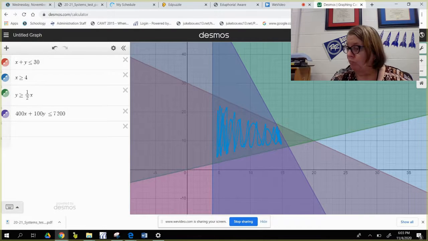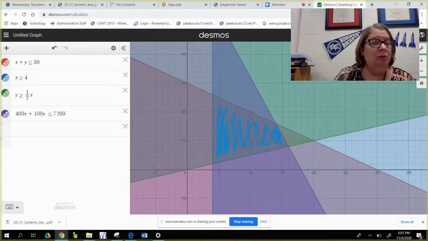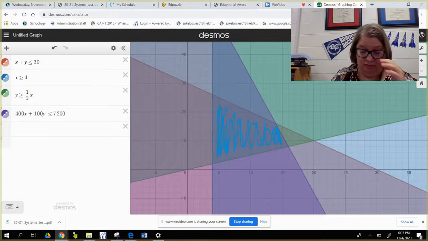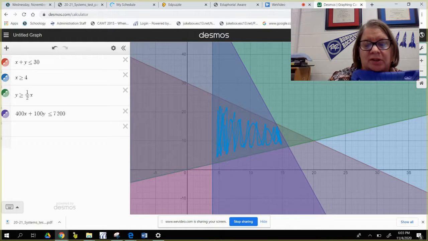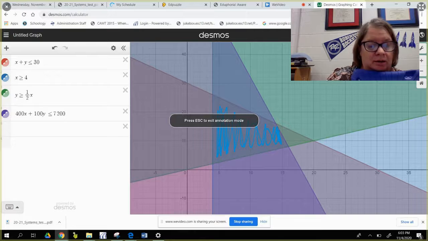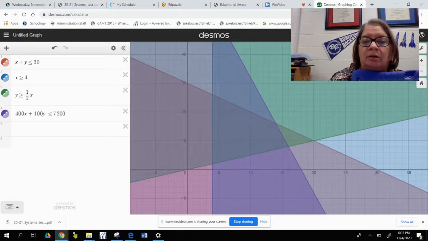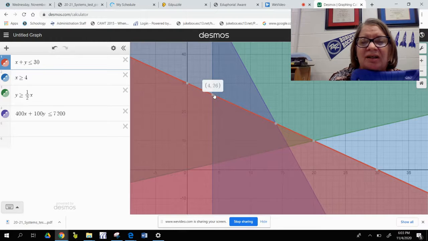Okay. So what did we do with the military rations one? We found the vertices. Vertices is plural of vertex, and it's a corner. So with Desmos, I can click on this corner or this vertex, and that is the point (4, 26).